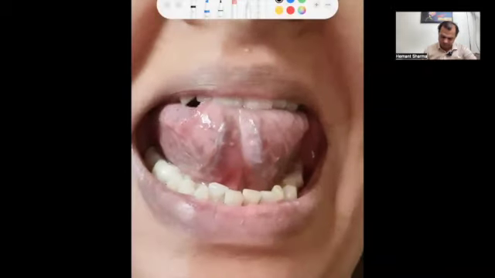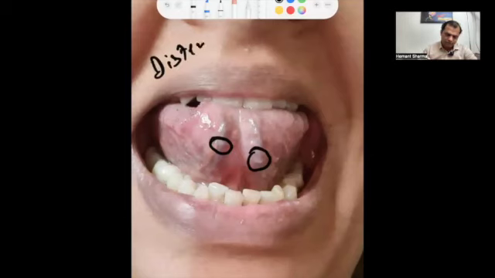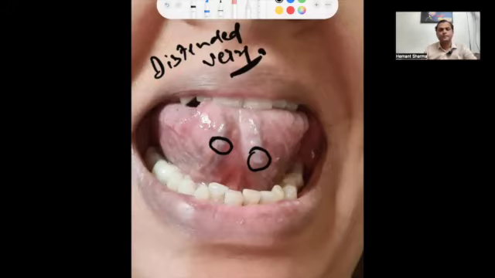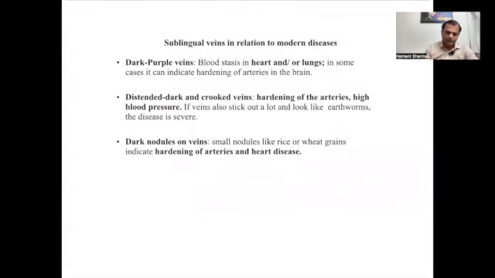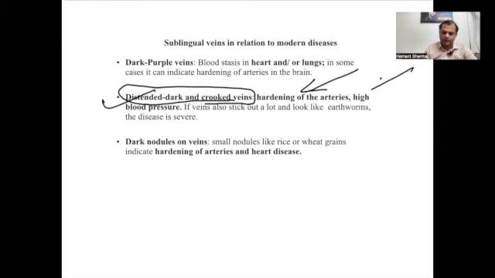You can see the veins are distended in many parts. What is the meaning of distended vein? The distended, dark and crooked veins mean hardening of the arteries or high blood pressure.